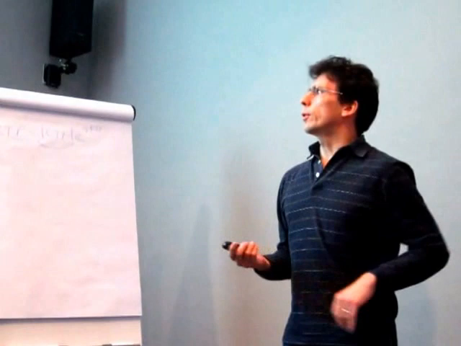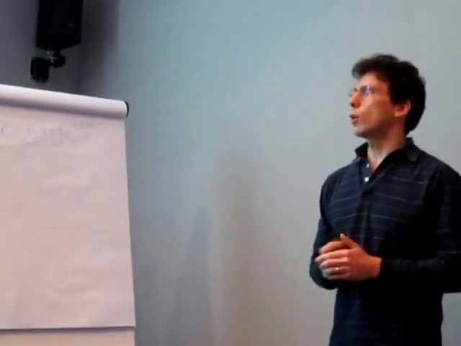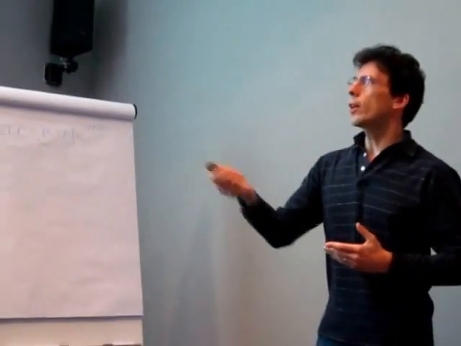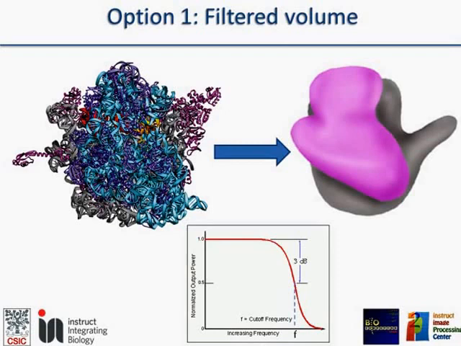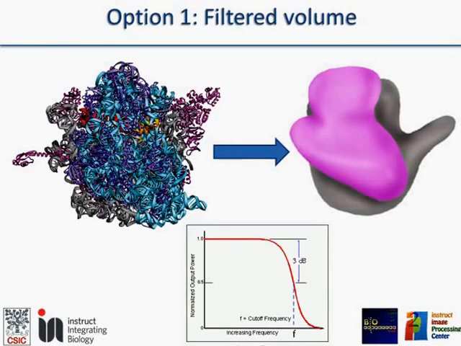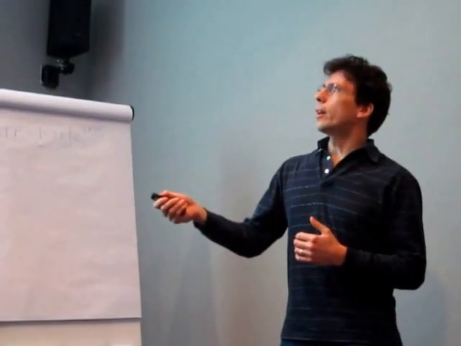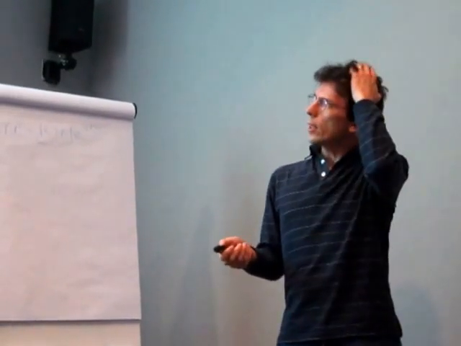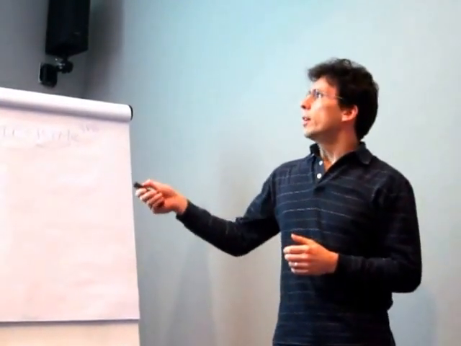So how to choose the initial volume? The first option, and this is one of the most widely used, you take a structure that is related to your problem. So for instance, let's say you are reconstructing a ribosome. You take a ribosome that is more or less similar to yours, and if you have an atomic structure of that ribosome, or you have a filtered version of that ribosome, doesn't matter.